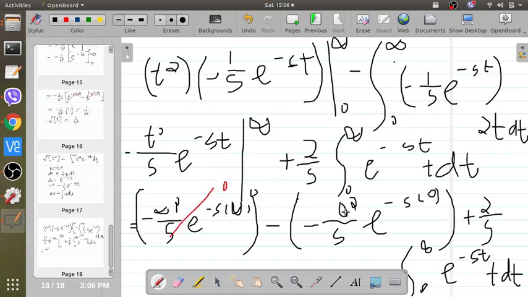Then 0 squared over s is 0, multiplied by e to the negative s times 0, which is 1. So 0 minus 0 is just equal to 0. So the whole first part is 0. Then what remains is 2 over s integral of 0 to infinity e raised to the power of negative st t dt.